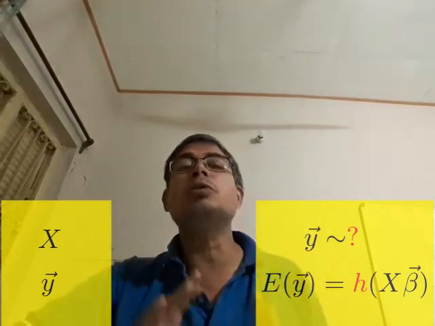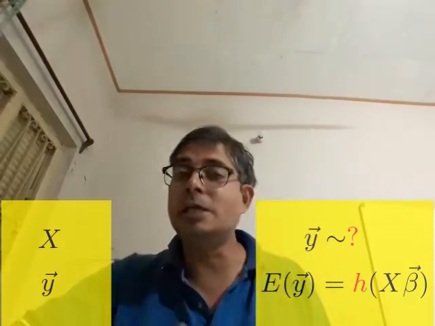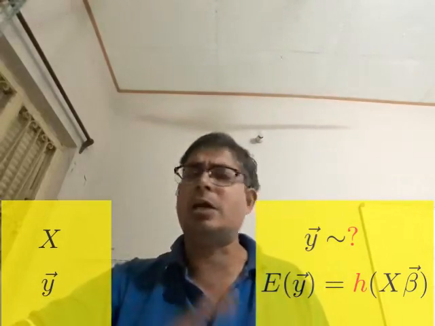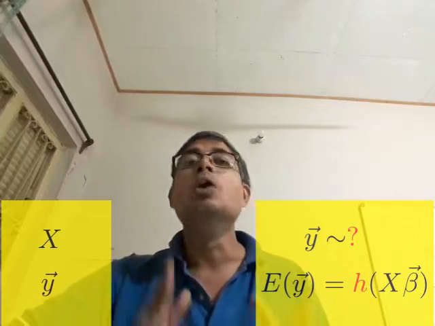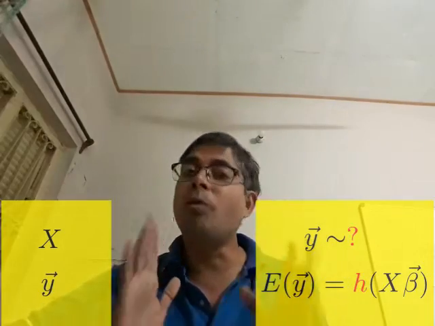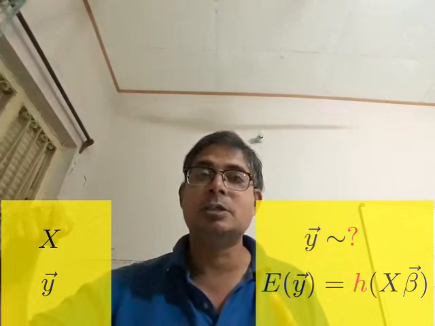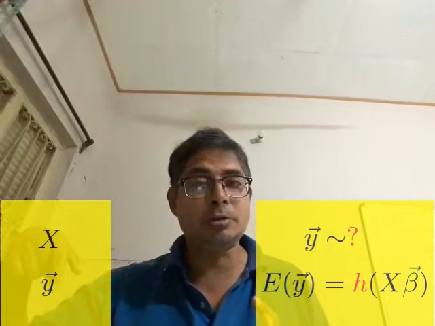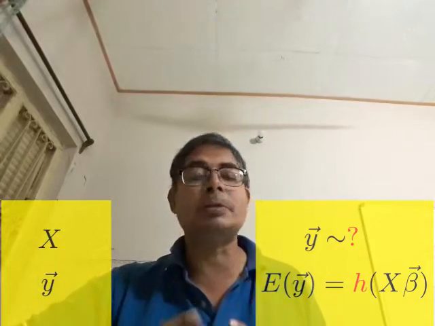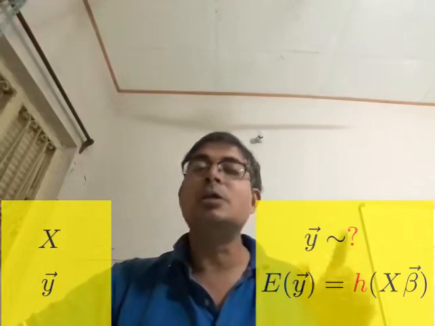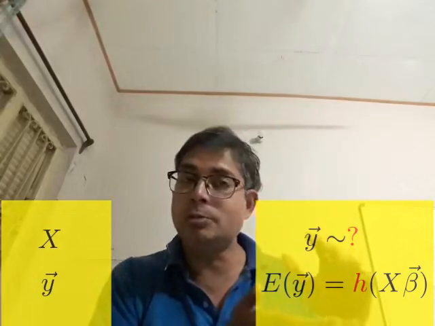So when we want to fit a generalized linear model using a computer, whether R or SAS or whatever, we have to specify 4 pieces of information. We have to specify the design matrix. We have to specify the response, the data. We have to specify the distribution, or rather the family of distribution.